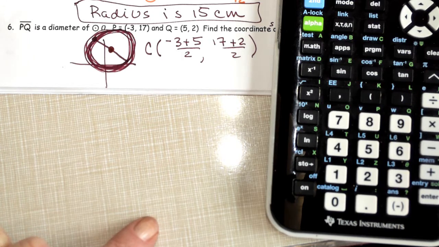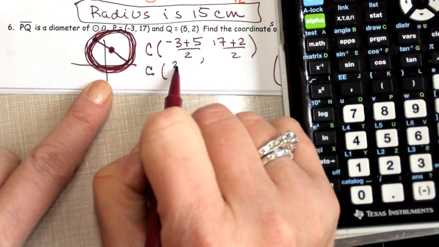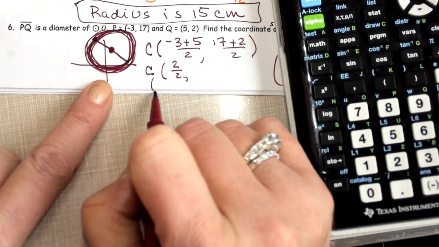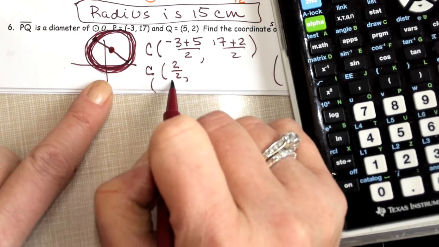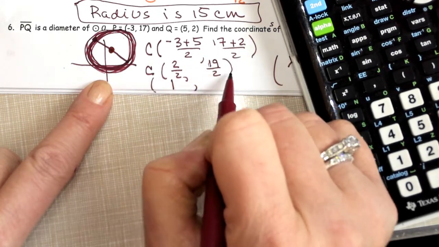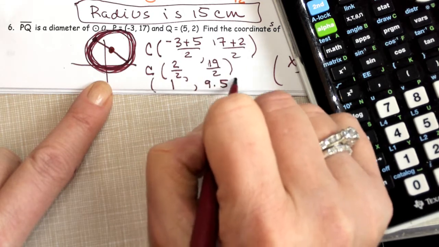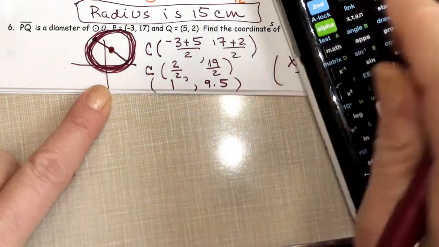Okay, so what is 5 minus 3? 2. And what's 2 divided by 2? 1. 17 plus 2 is 19, divided by 2 is 9.5. Okay, even though you could leave it 19 halves.